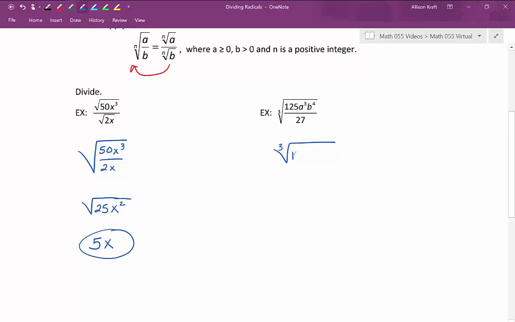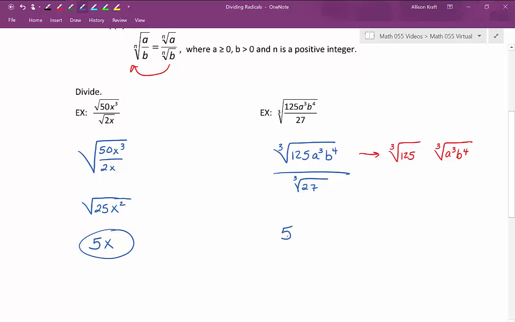So the cube root of 125 a to the third b to the fourth over the cube root of 27. So let's simplify our numerator. You may want to break it into 2 as we have before. Cube root of 125, cube root of a to the third b to the fourth. So the cube root of 125, well, that's a perfect.